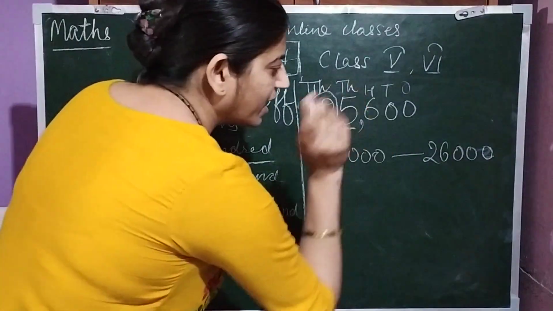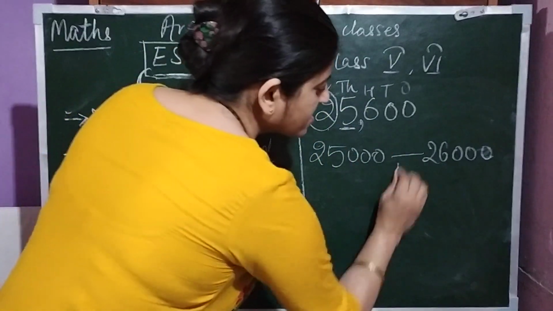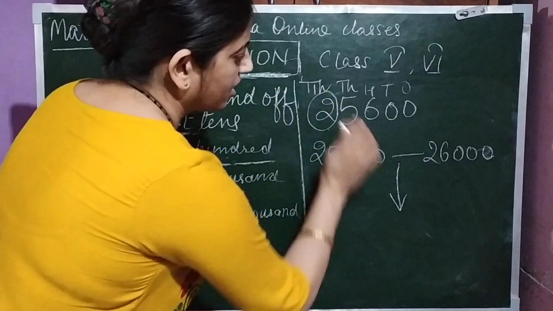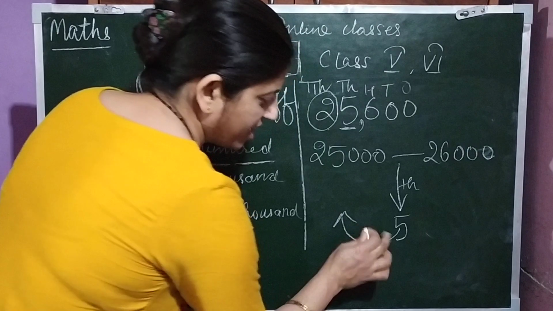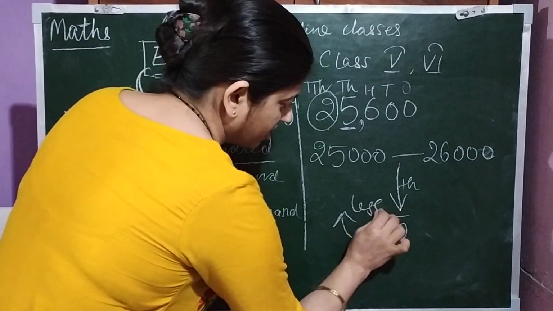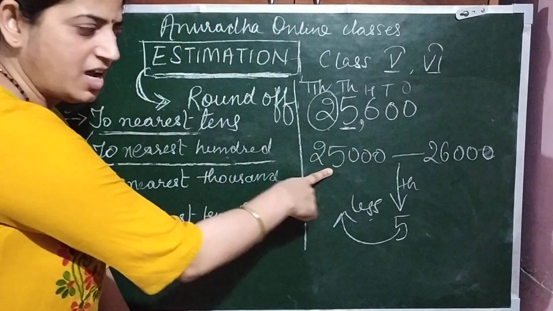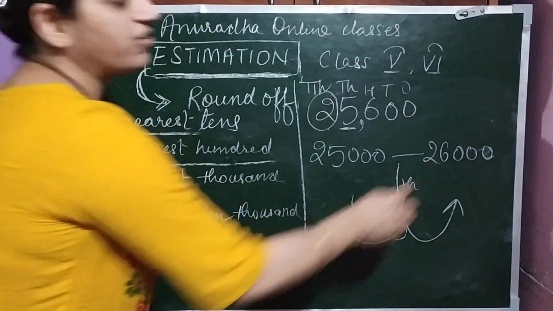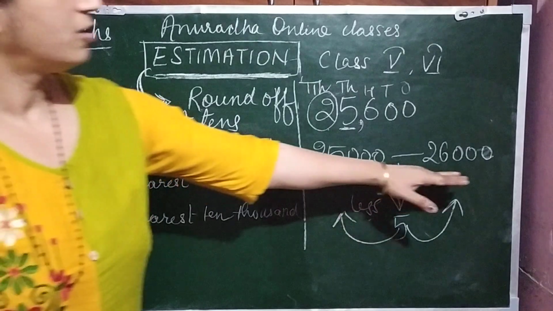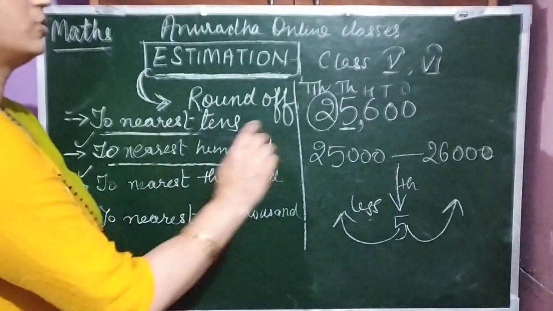Now, again the same rule. What will we see? We will see the 1000 place. If it is less than 5, this will go to this side. And if it is equal to 5 or more than 5, then that will be 26,000, that will go to that side.